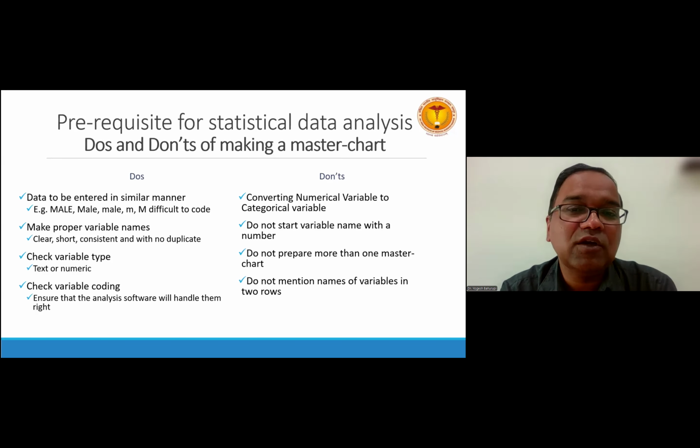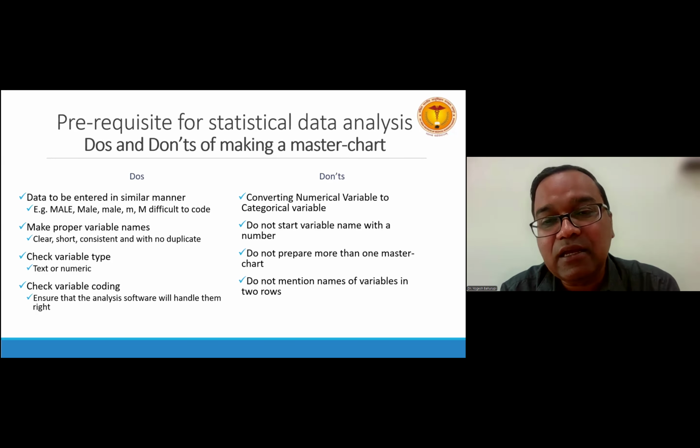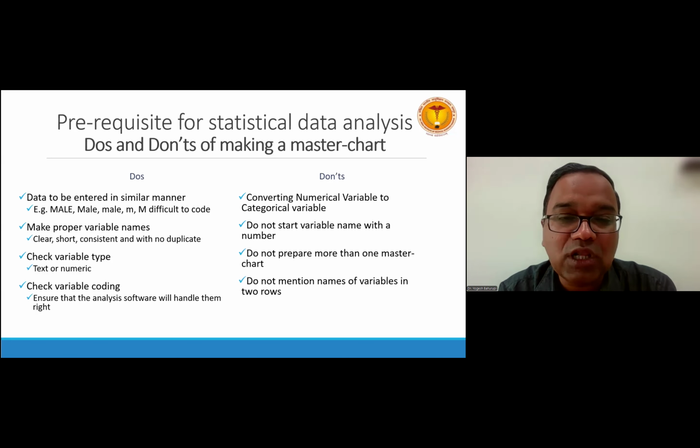All the rest of the rows would be considered as sample data or your participant data. So you are again going to start with an error when you start your data analysis. So it's always better to have all the variables in one row. So these are certain do's and don'ts of making a master chart.